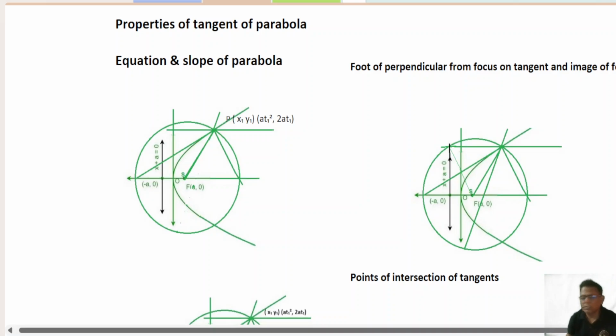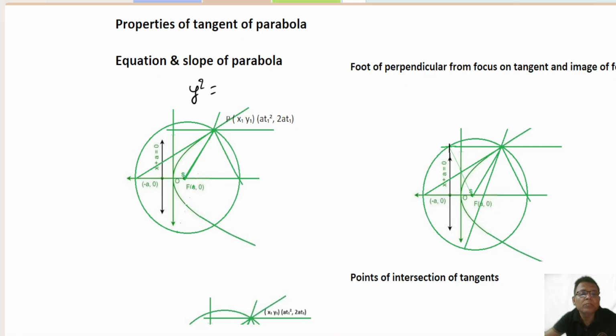So suppose the standard parabola y square is equal to 4ax. Then the tangent at the point x1, y1, or at1 square, 2at1, will be y y1 is equal to 2a(x plus x1).